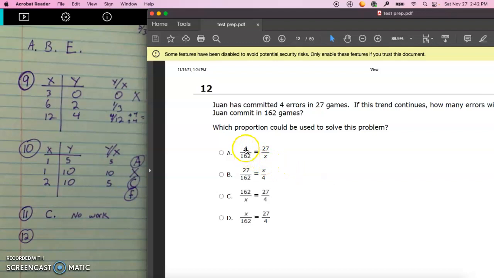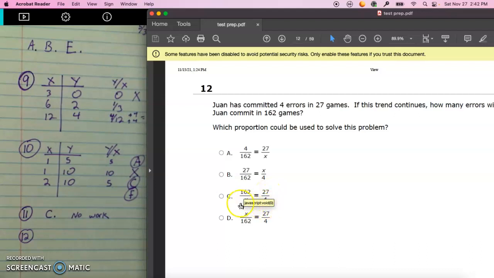So if I look at letter A, I see 4, 27. Those aren't both errors. That looks all sorts of messed up. Then we've got number of games compared to number of games. So far so good.